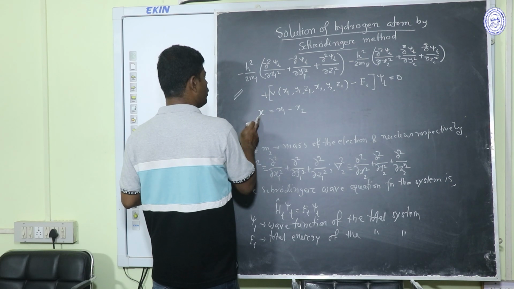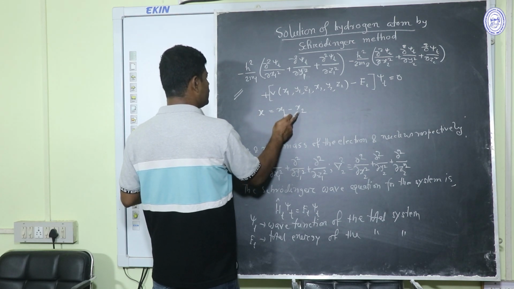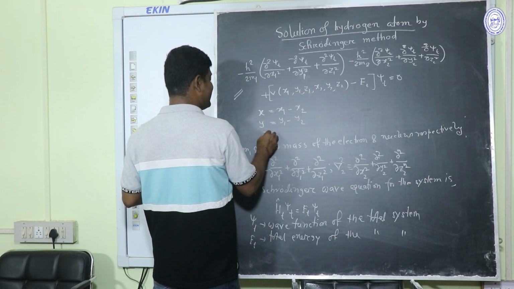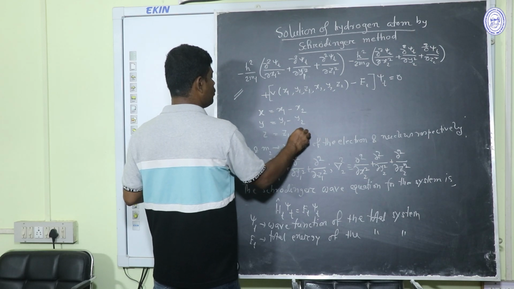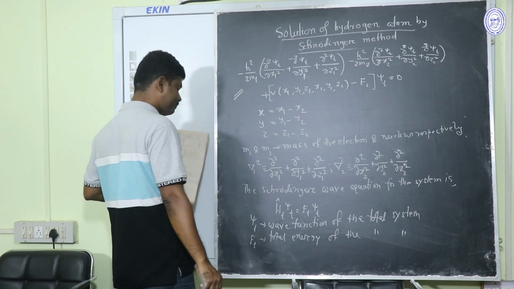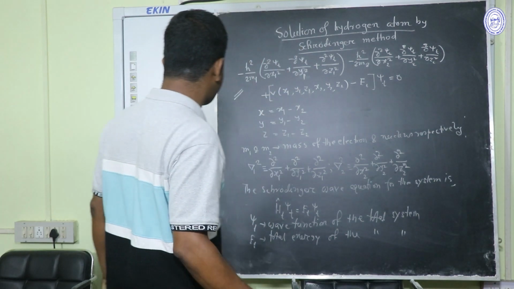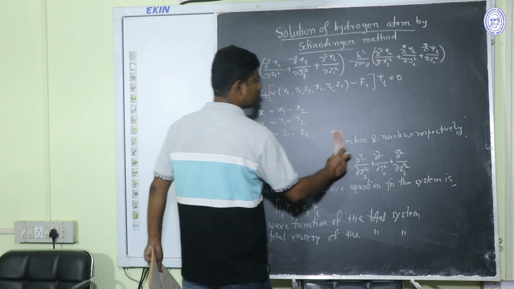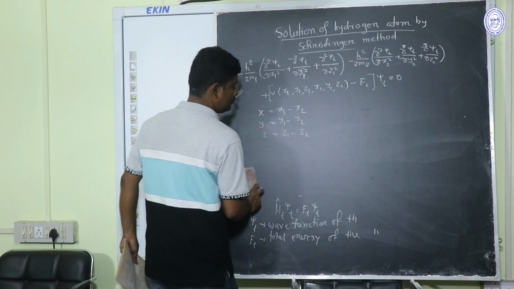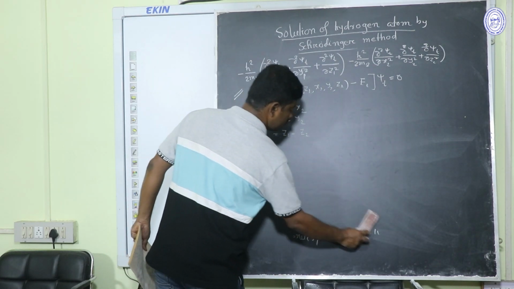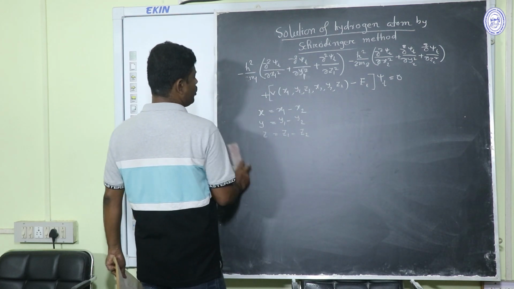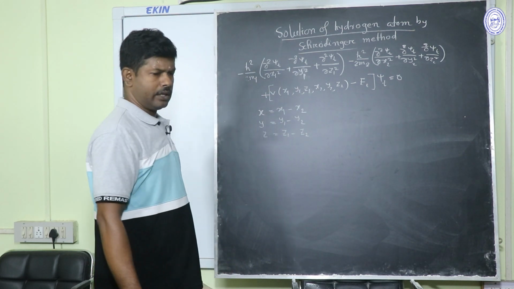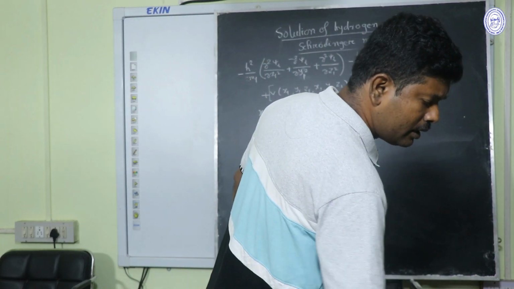This is the x component of the coordinate of the electron with respect to the nucleus. y equal to y1 minus y2 and z equal to z1 minus z2. These are the coordinates of the electron with respect to the nucleus.